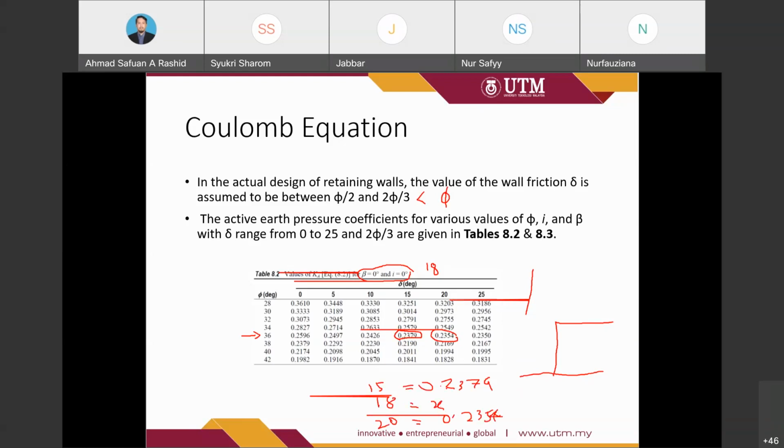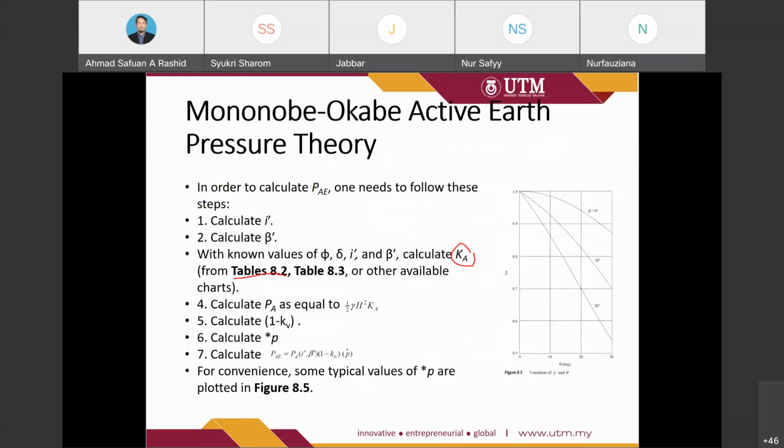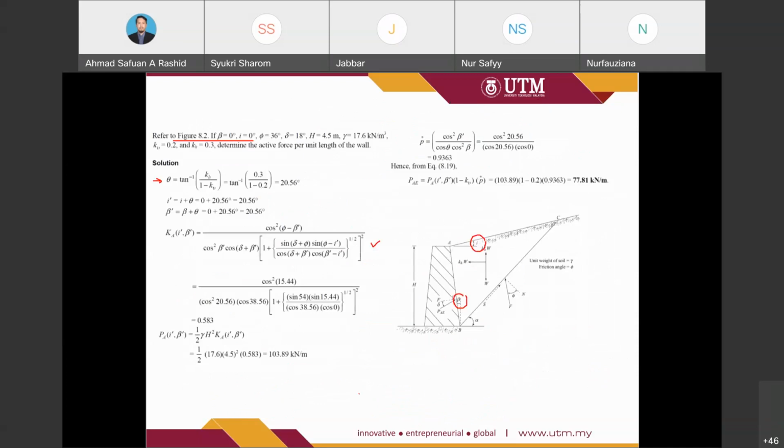However, the example shows the use of the equation to get the value for the KA. So the value of KA is equal to 0.583. If you have time, you can use the chart or the table to determine the KA value.